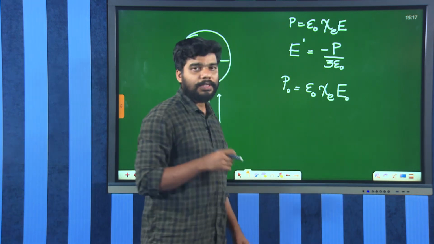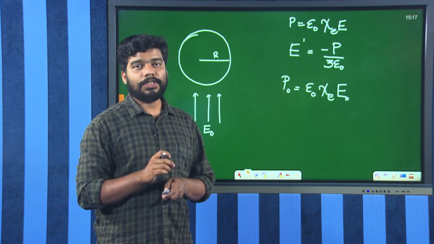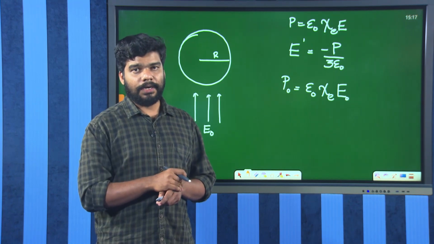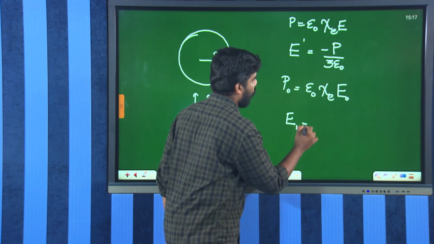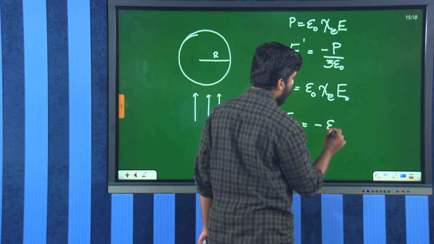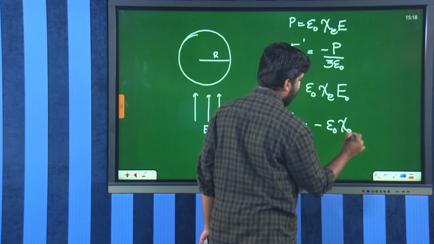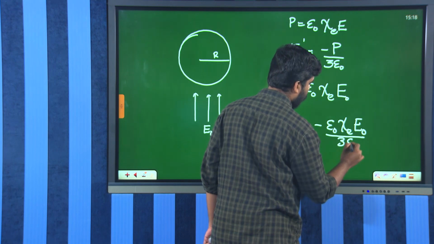Why E0? This E0 is the applied electric field which induces a new electric field, given by the expression E1 is equal to, substituting for P0, epsilon 0 chi e E0 by 3 epsilon 0.